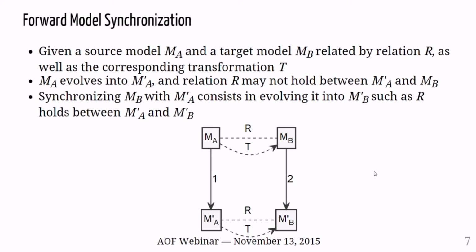By being able to follow the 2 arrow, this vertical arrow, we will be able to keep the same e-objects in the same place and to keep the bindings between the semantic model and the graphical view. So these are the 2 main advantages of forward synchronization: performance and keeping the object identity.